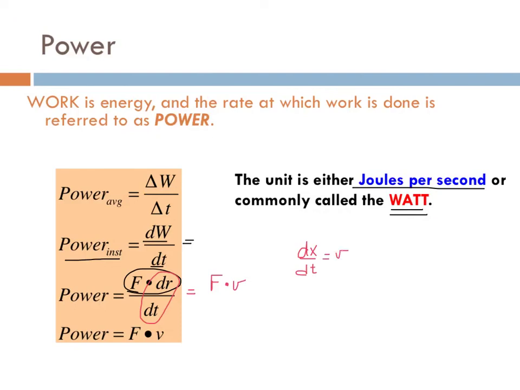So another way to write power is the dot product of force and velocity. Now, this is talking about the dot product, meaning the two things that are involved need to be parallel with each other. So another way to write this exact same equation would be F v cosine theta.